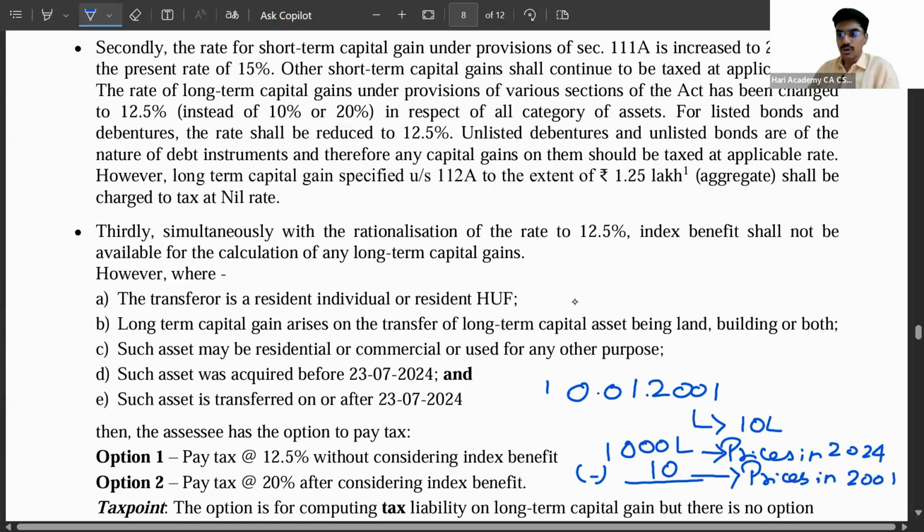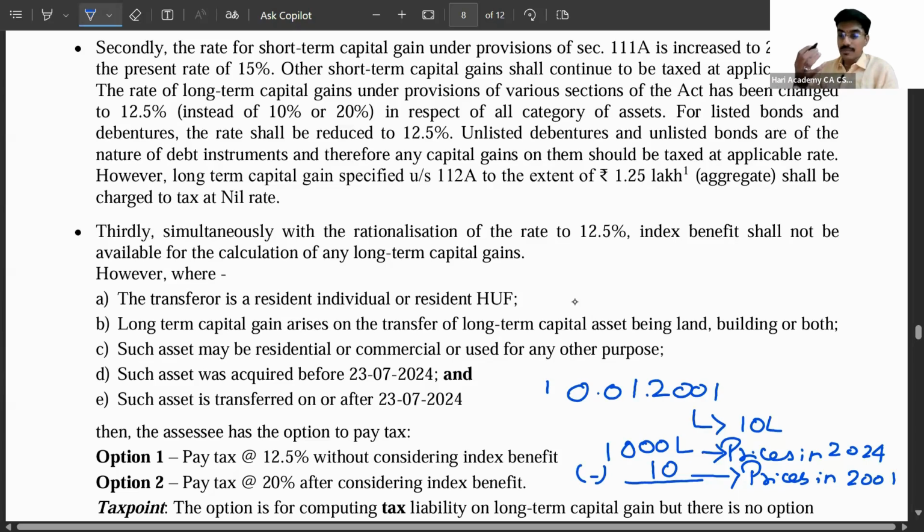What are these prices in 2024 and 2001? See, in 2001, the cost of a sovereign of gold itself was somewhere around 10 or 12,000, if my memory serves right. But now it is somewhere around 70,000.